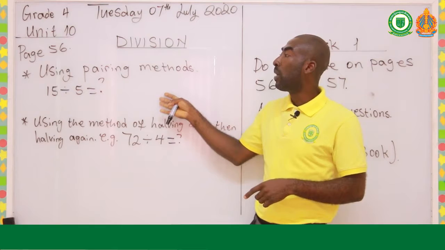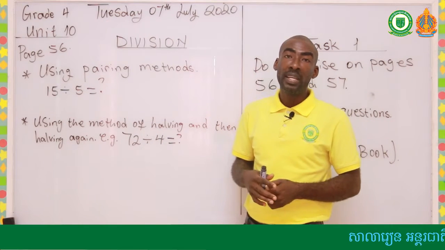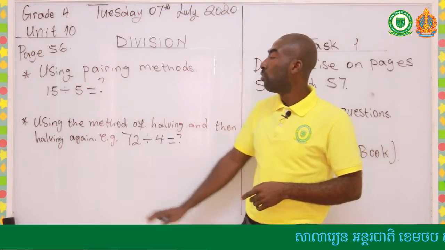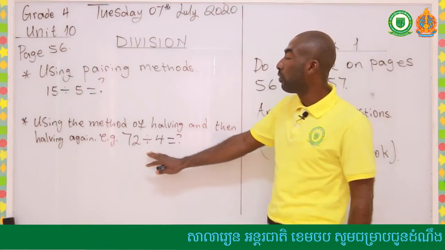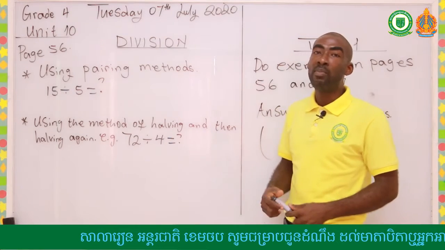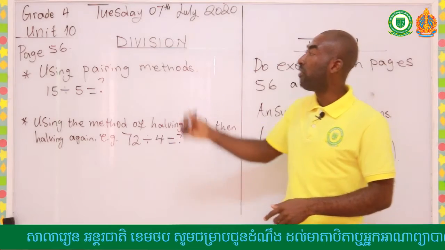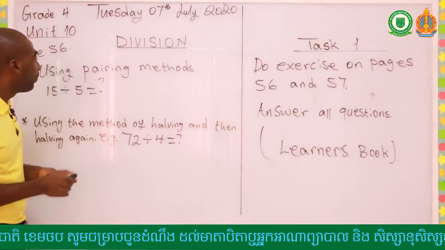So we're going to use the pairing method to find a solution to 15 divided by 5. And then we're going to use the half-half, which is the halving method, to find an answer for 72 divided by 4. So let's start with the first example and then we go to the second example.